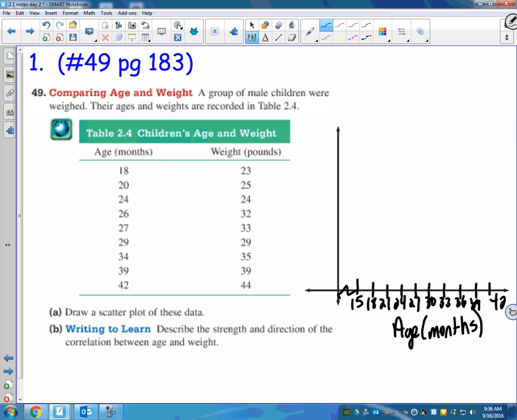And then we're going to put the weight up here. Do we want to break the y-axis as we're breaking the x-axis? I'm really bad at it. Threes? Okay.